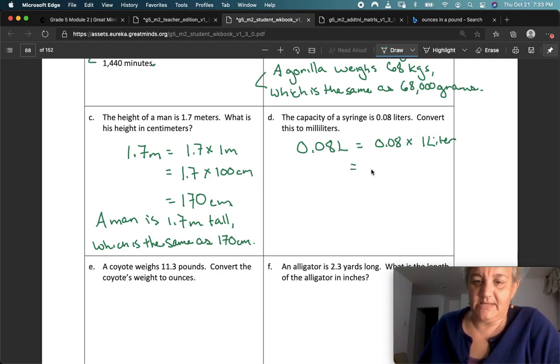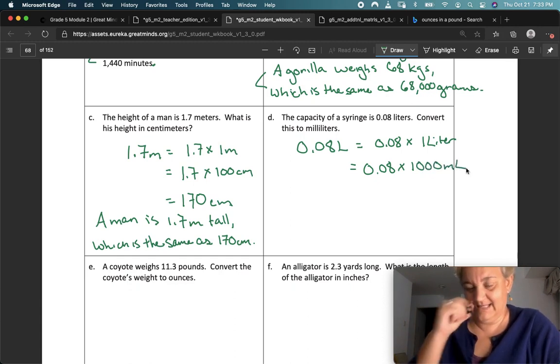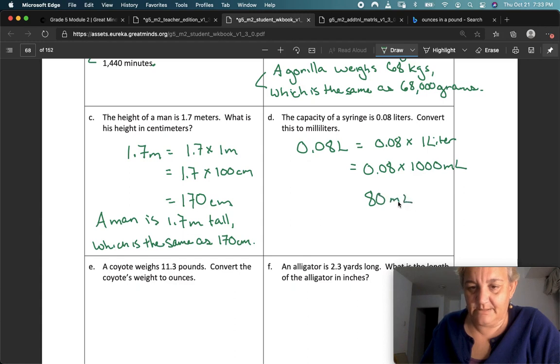Okay, so we're going to take that number and convert it to milliliters, which 1 liter equals 1,000 milliliters. Okay? And 8/100ths times 1,000 means we move this decimal over 1, 2, 3 spaces, and our new answer is 80 milliliters.